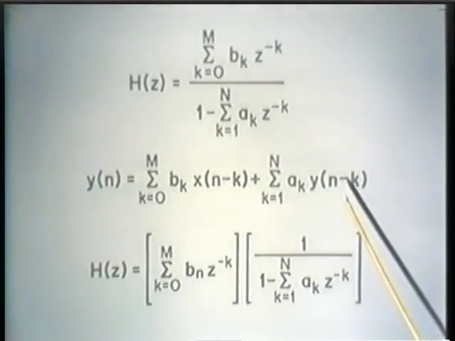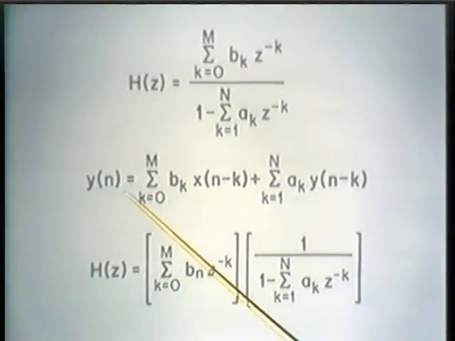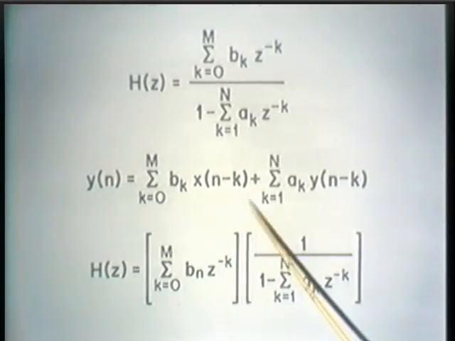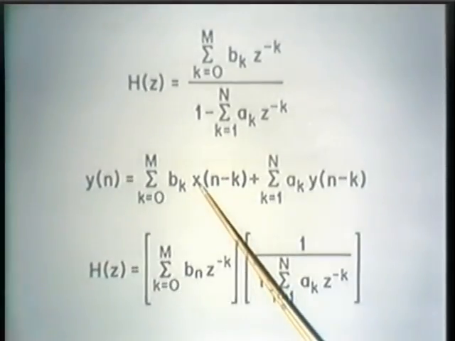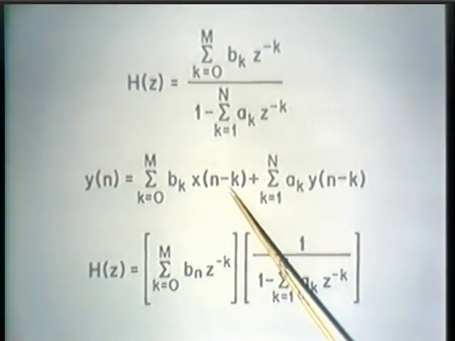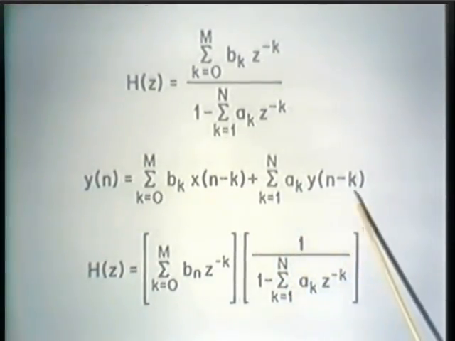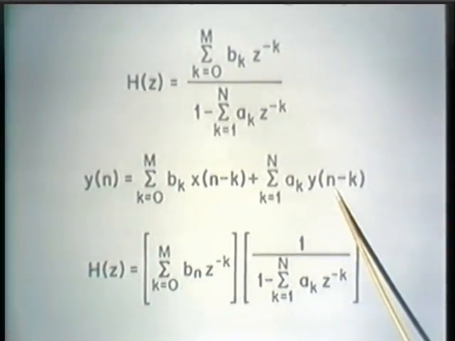What that corresponds to in the implementation of the difference equation is first implementing, in terms of multipliers, delays, and adders, as we talked about last time, the linear combination of the weighted, delayed input values, and then using that as the input to a system which implements the weighted delayed output values.